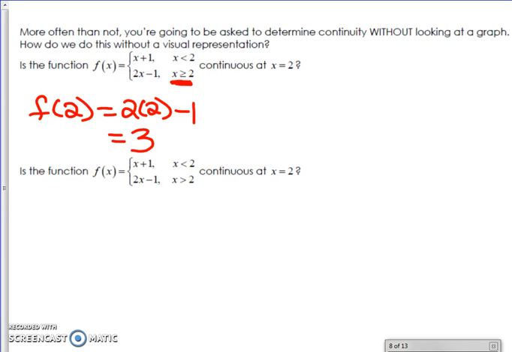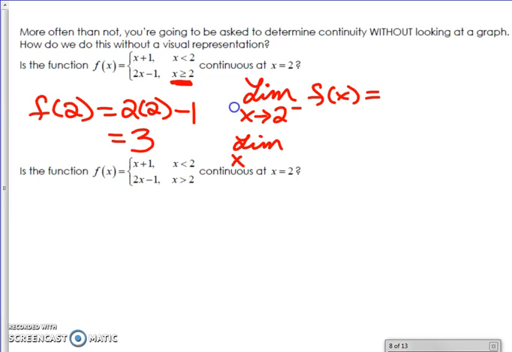Here's where, remember, you need to show the left and the right. If they don't give you the picture, then you need to show it. The limit as you approach 2 from the left of f of x equals some number, and the limit as you approach it from the right of f of x equals some number. So if I approach it from the left, I'm plugging into the top equation. So when I approach it from the left, I get 3. When I approach it from the right, I'm plugging into the bottom equation.